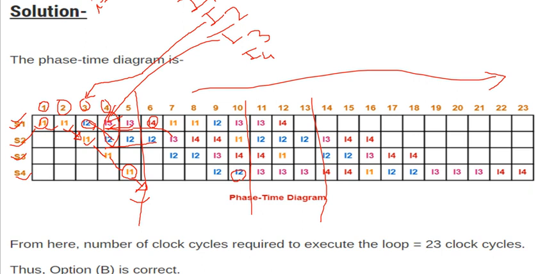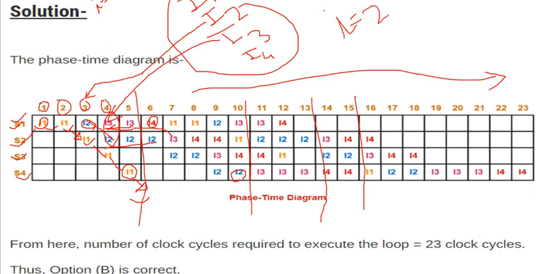Then I4 is completed in the 15th clock. Next, because this execution was for I equal to 1, for I equal to 2 these things will happen again in our pipeline.